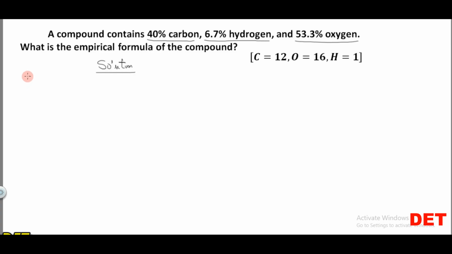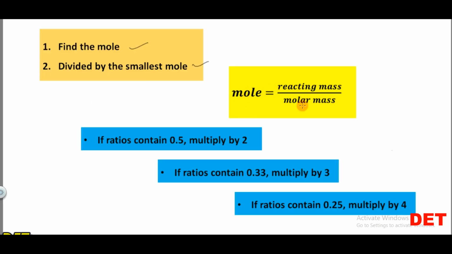The first thing you want to do is to write out the elements. So what are the elements in this compound? Carbon, hydrogen, and oxygen. The next thing is to look for the mole of each of these elements. Like I said, mole is equal to reacting mass over molar mass.